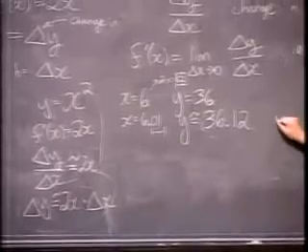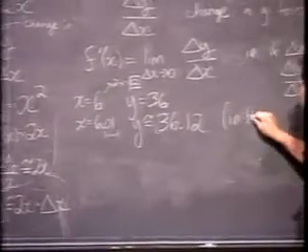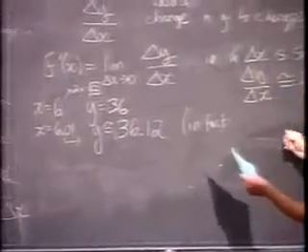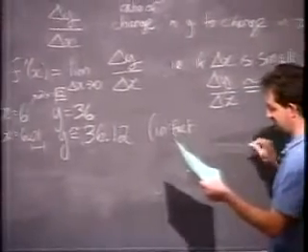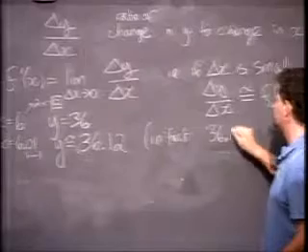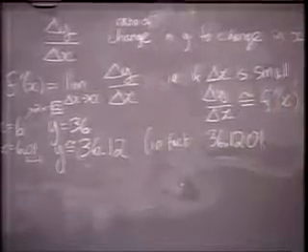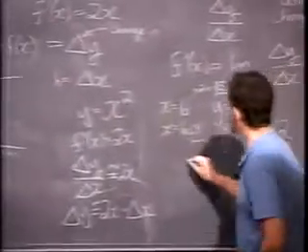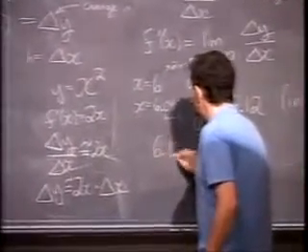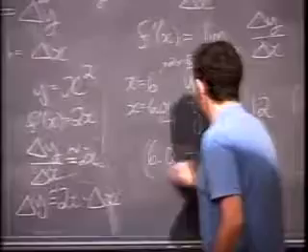In fact, the true answer, I worked this out earlier, is 36.1201. So I was right to 2 decimal places. But you don't just have to do this. What should 6.004 squared approximately be?